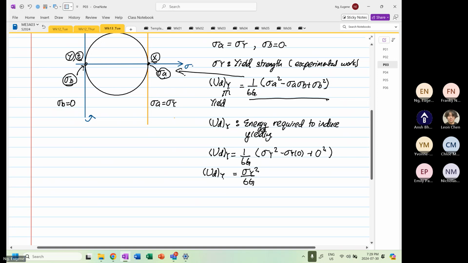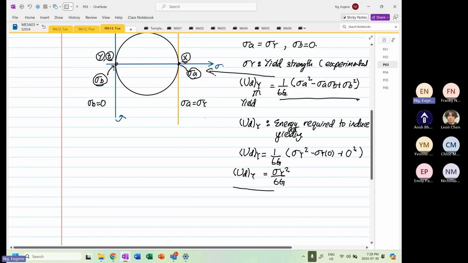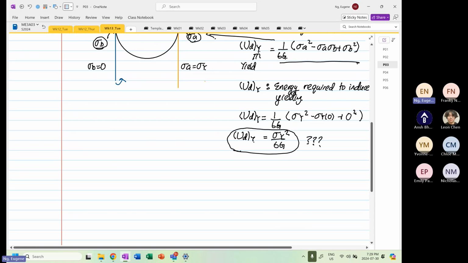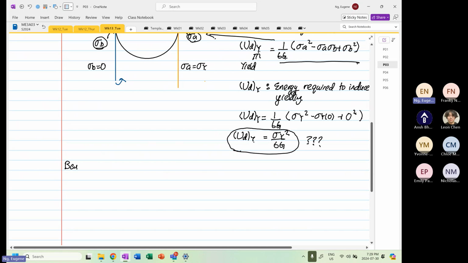Now, based on structure, how do we use this condition down here? Let's say we look at the equation based on structure analysis.